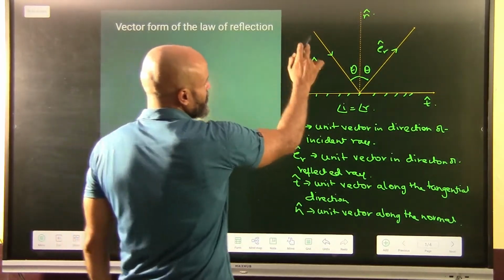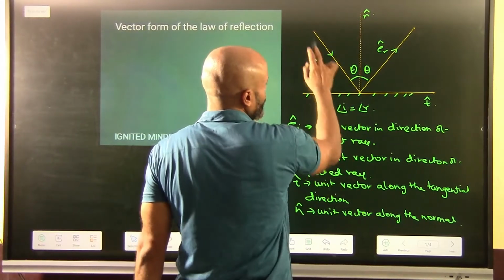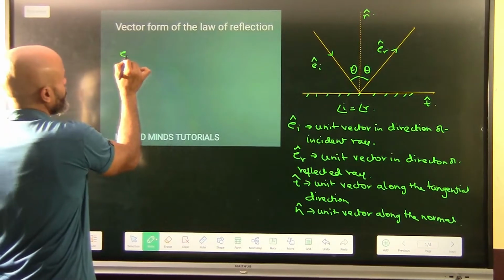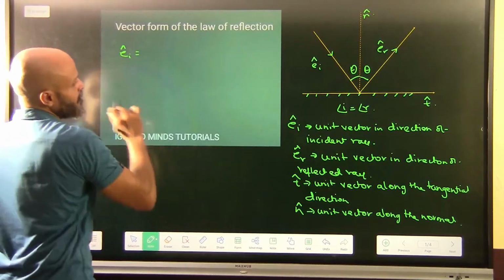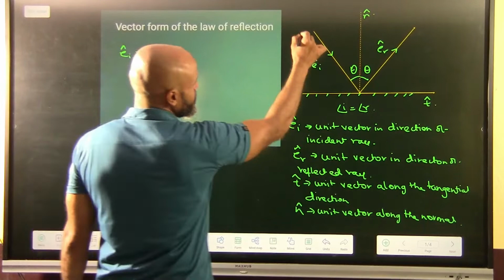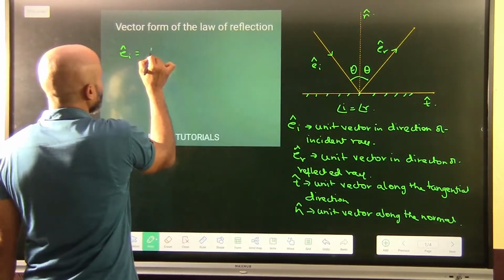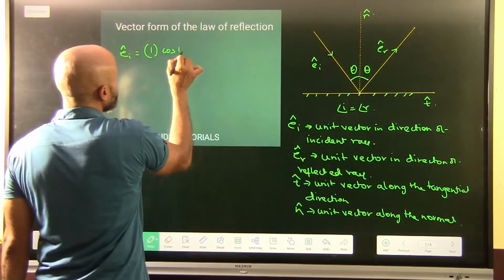Now we can see that if I resolve this vector into two components, what will I get? So E_I will be equal to, since this is a unit vector, a unit component, that is 1 into cos theta.